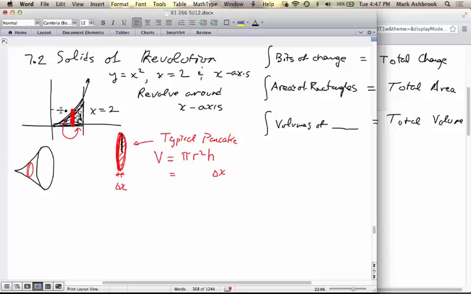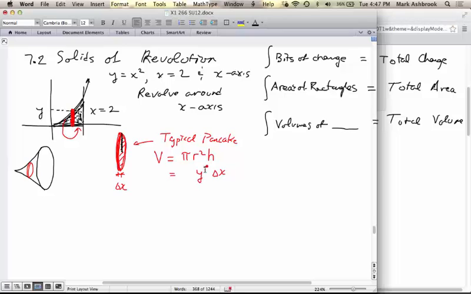You could do y2 minus y1, but you'd be subtracting 0. So it's just y, because you're going to 0. This is the y coordinate of the top of the curve. So our radius is just y.